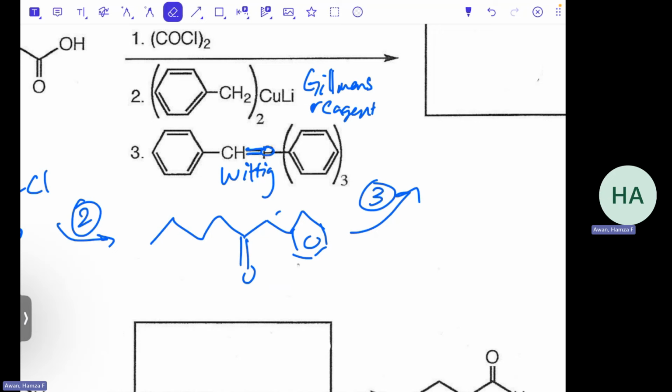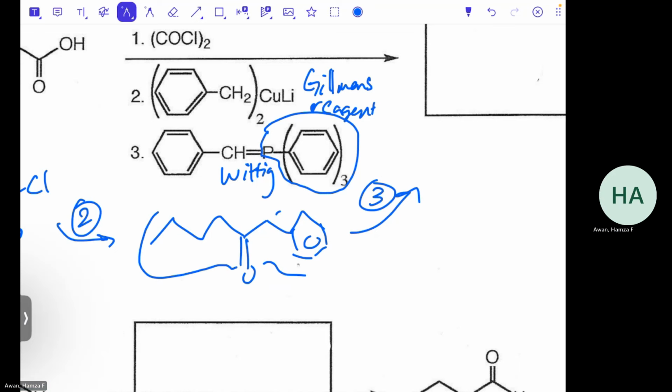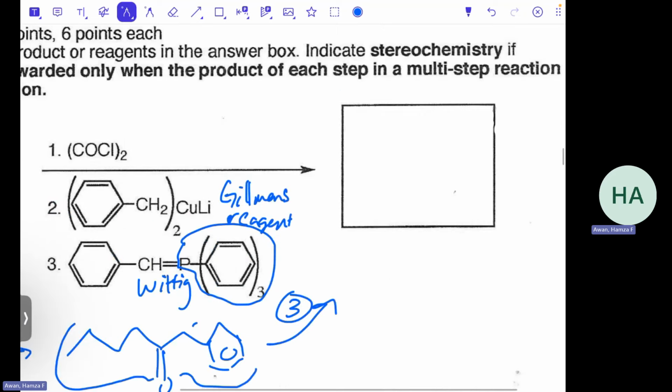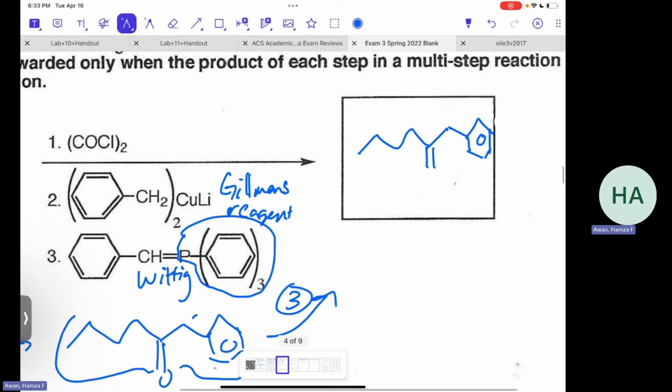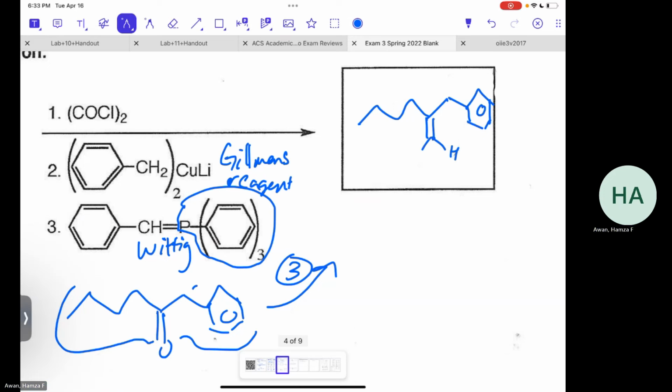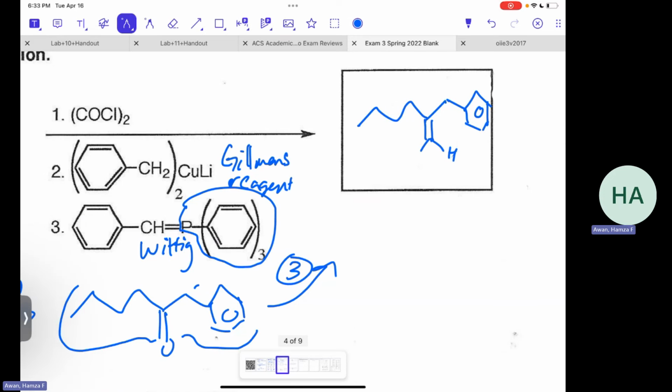So this double bond with the CH double bond P is going to be the same as this C double bond O. Essentially, this entire thing is replaced with the entire group right here minus the O. So to draw that out, we're going to have this double bond, and then our H. Sorry, let me draw that actually.